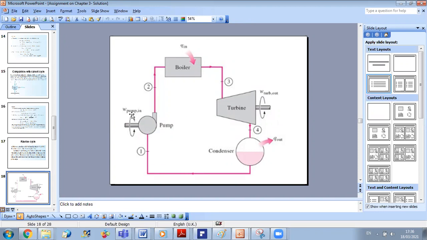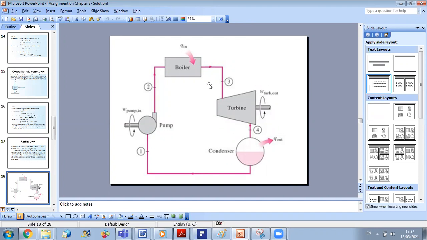So the net output is W turbine minus W pump. I'm talking in absolute values, of course. Or if you want, it's W turbine plus W pump, in case W pump is an algebraic value, so W pump will be negative, W turbine will be positive. And when I do the balance, I will get the net output work produced by my system.